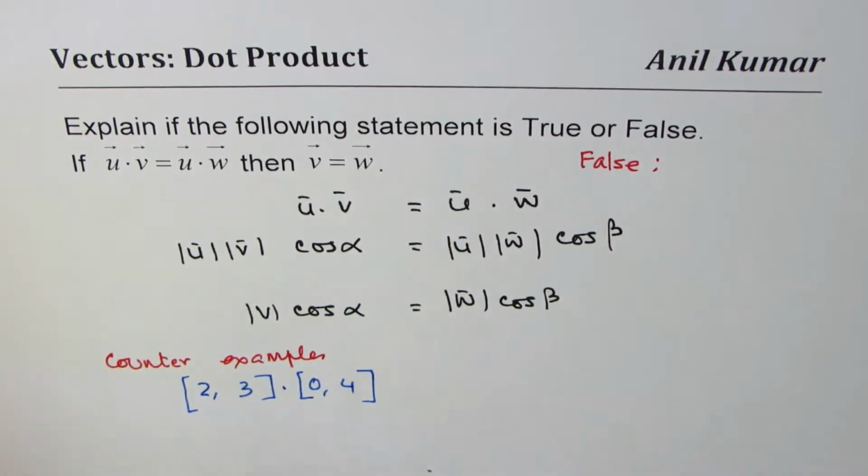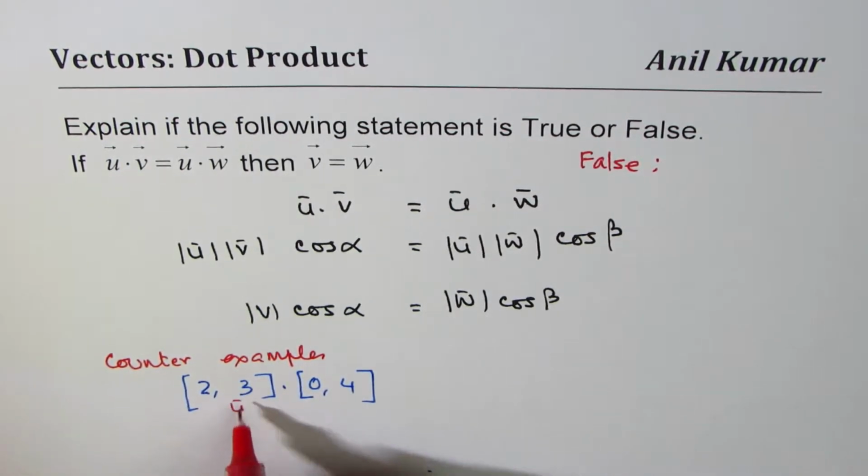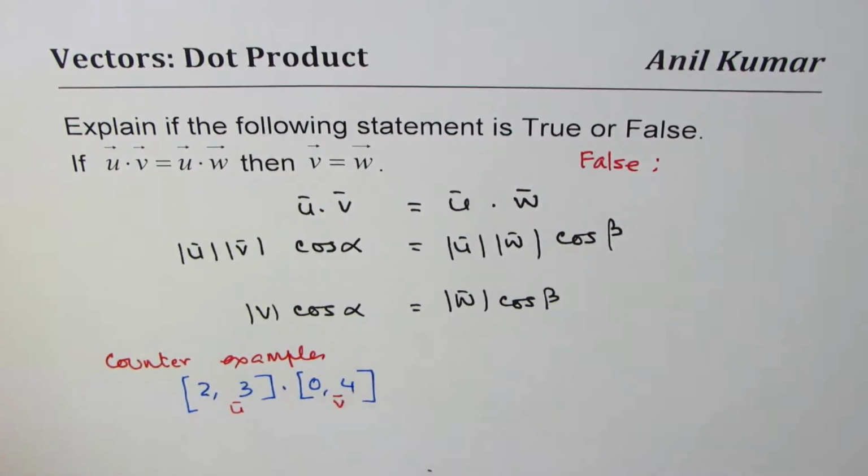What we are taking here is, this is vector u for us, and this is vector v for us. Now, if I do the dot product, I get 2 times 0, which is 0, and 3 times 4 is 12. On the other hand, we want to just make 12 here with a dot product.